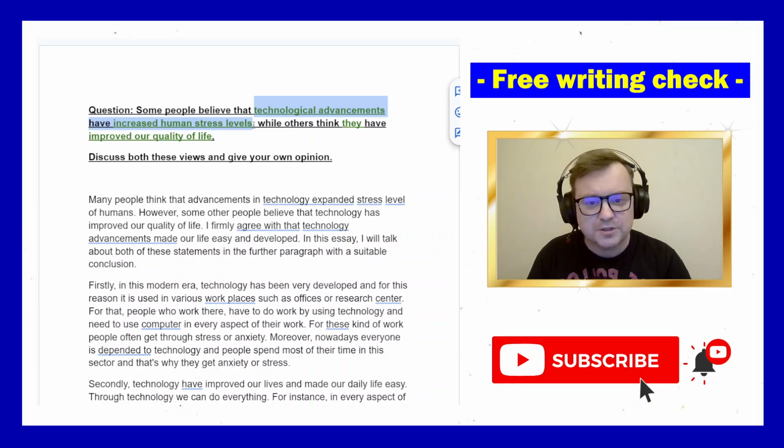The arguments for it. 2 arguments, 2 points, fine. And then body paragraph 2, reasons why technological advancements have improved our quality of life. Conclusion, a brief summary of the points and again your own opinion and reasons why you hold your own opinion. Very easy to structure this.